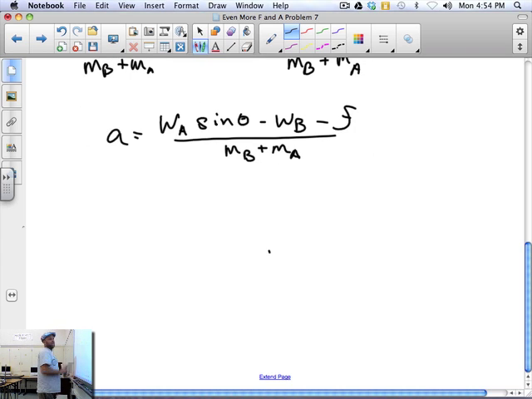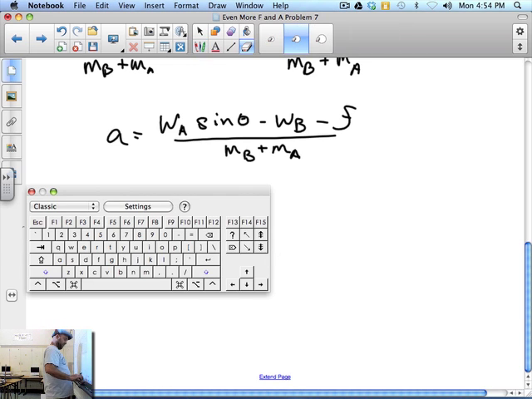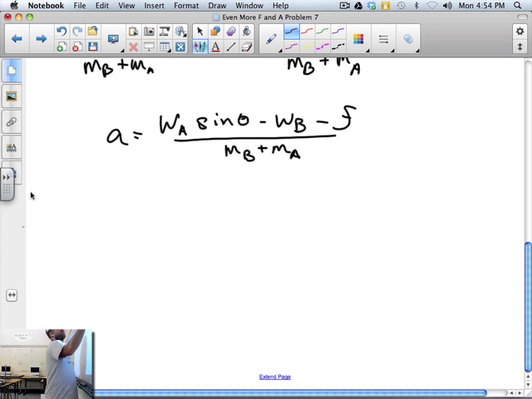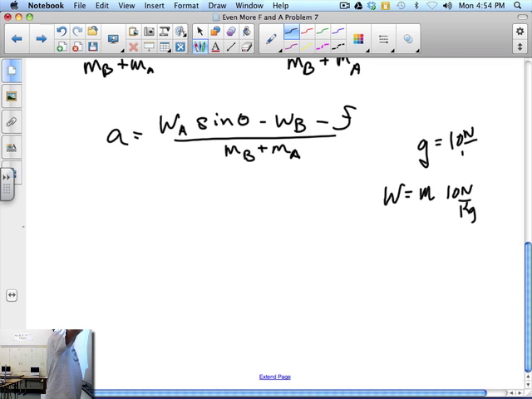The only other thing I could think of doing is, instead of writing weight of an object is equal to its mass times 10 newtons per kilogram. See, we use lowercase g to represent 10 newtons per kilogram, or 10 meters per second per second. That's what lowercase g means.